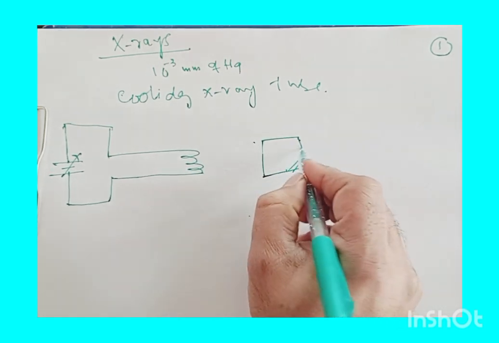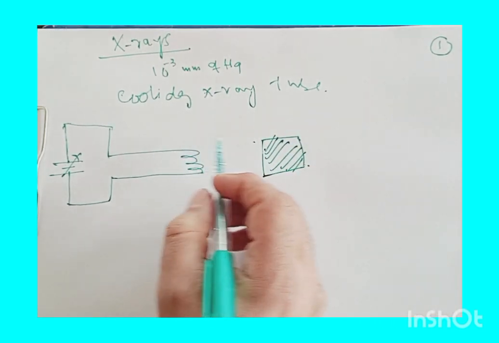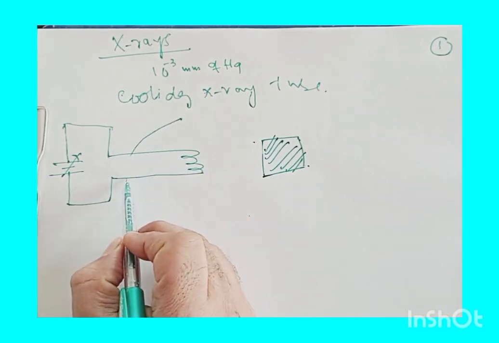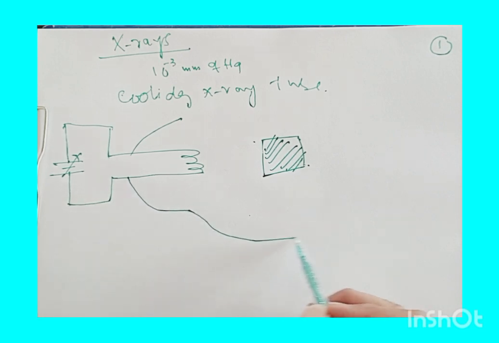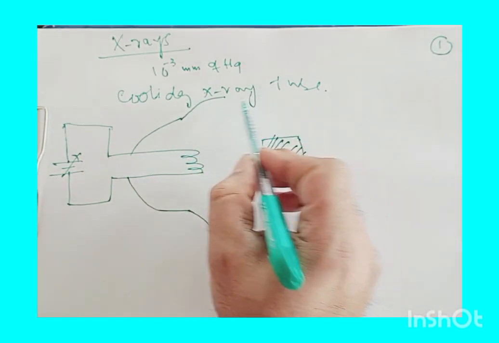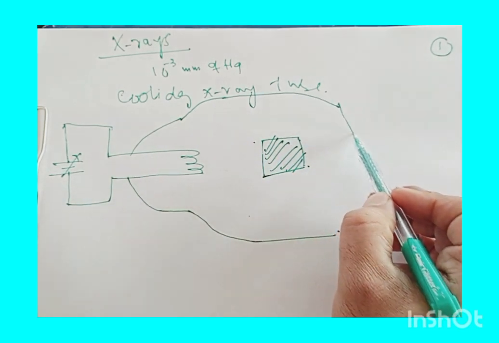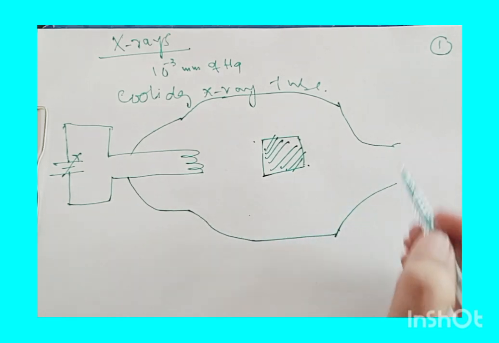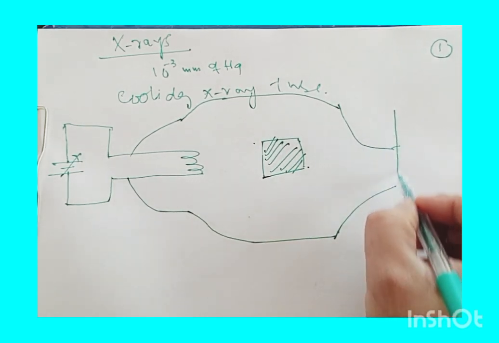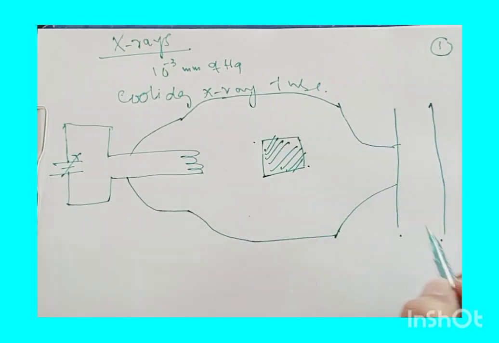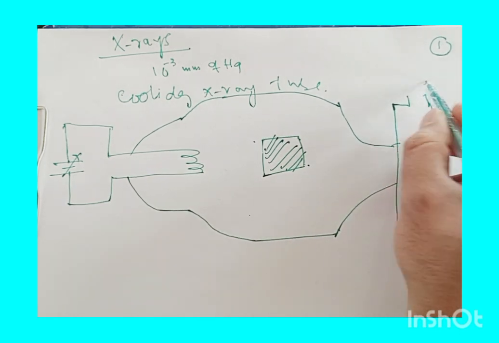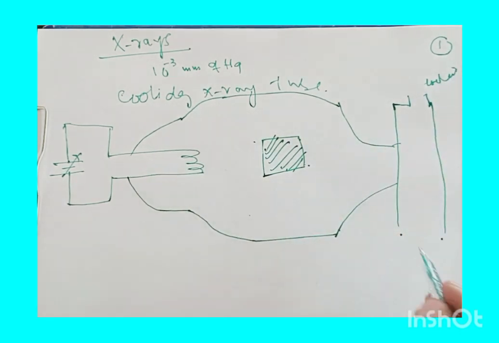This setup is enclosed in a tube. Then we have a cooling arrangement for the system, where we introduce the coolant, and this coolant is exhausted out.